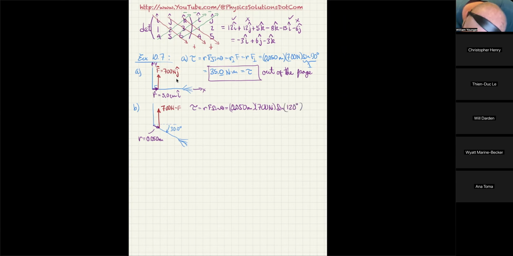120 degrees like that. And when I compute that, that's going to be 35.0 newton meters times the sine of 120 degrees.